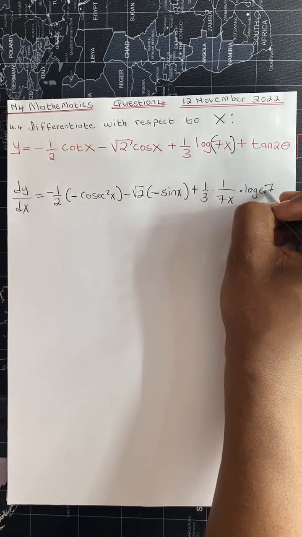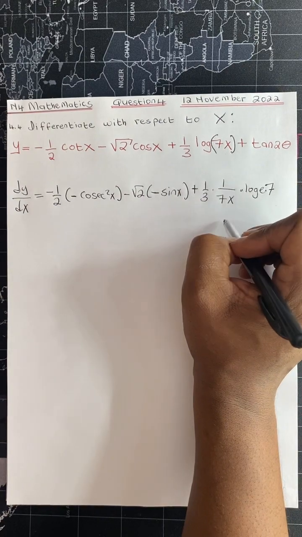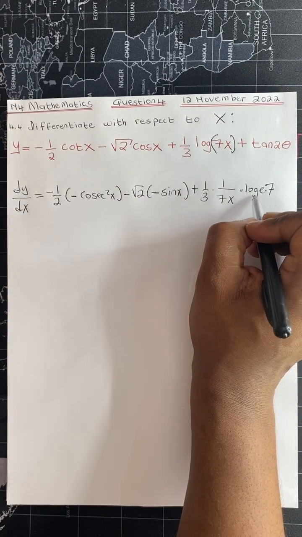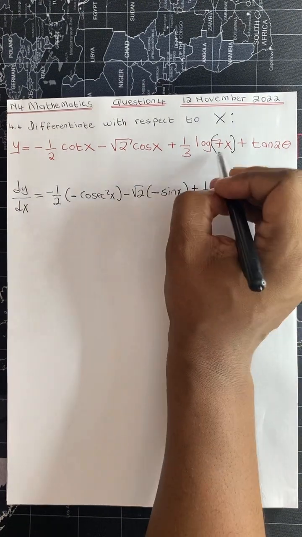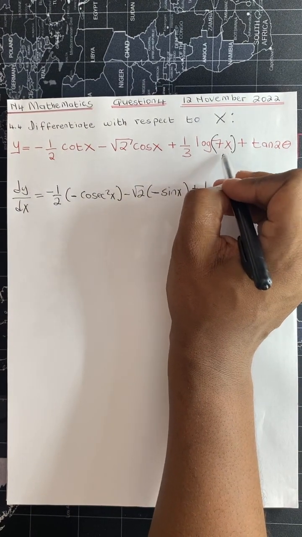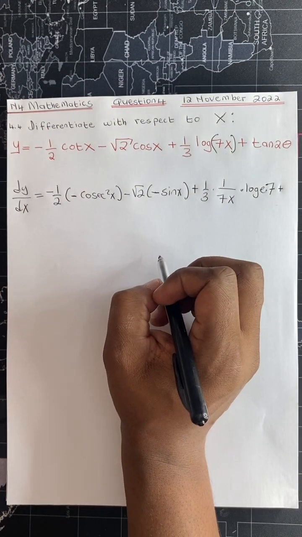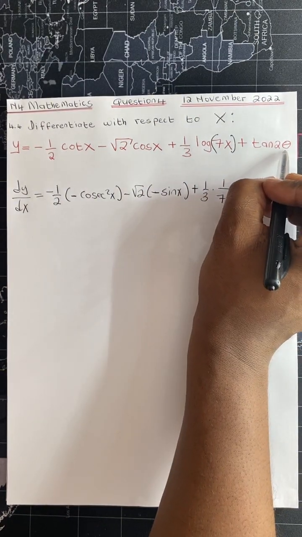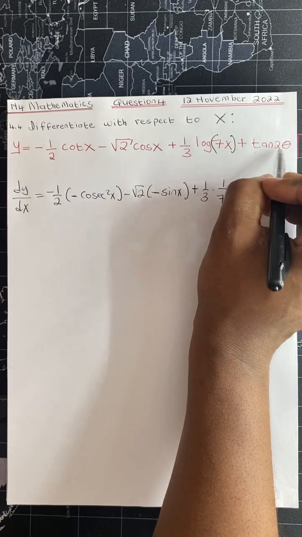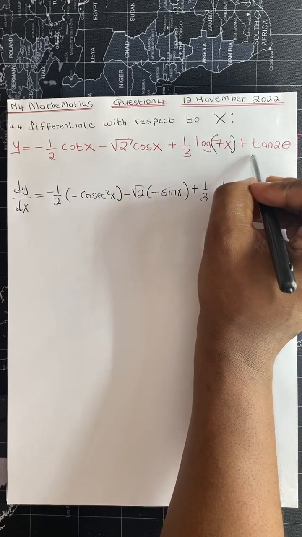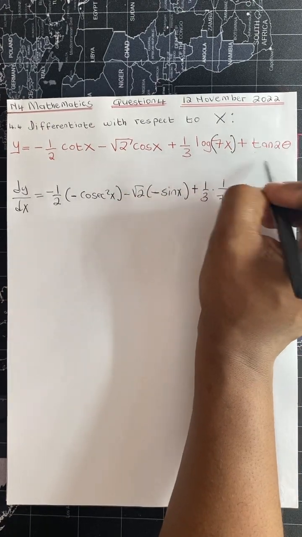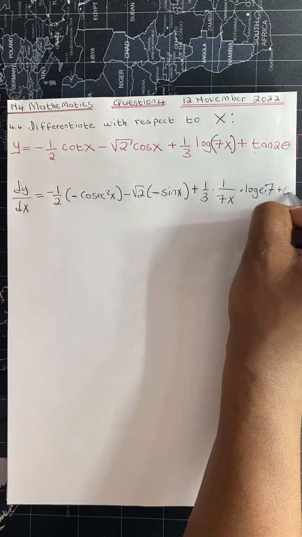So 1 over 3 multiplied by 1 over 7x multiplied by log e multiplied by 7, which is the result of differentiating the 7x, plus we are differentiating with respect to x and not with respect to theta. So this tan theta is not attached to any x. We treat it as a constant. So the derivative of tan theta is equal to 0.